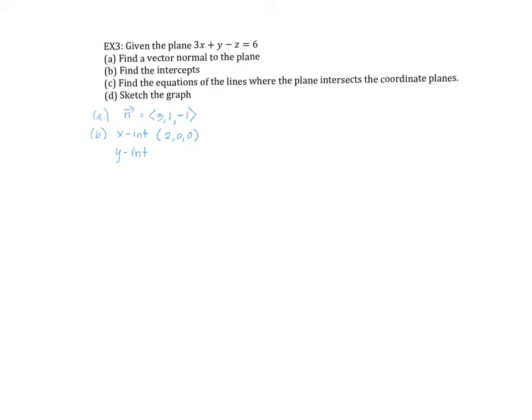And our y-intercept, we set x and z equal to 0, and we have y is equal to 6, or 0, 6, 0. And then our z-intercept is when x and y are 0, so negative z is 6, z is negative 6.